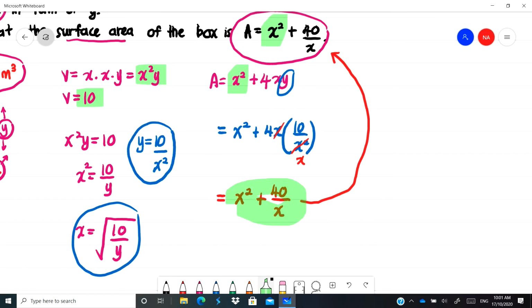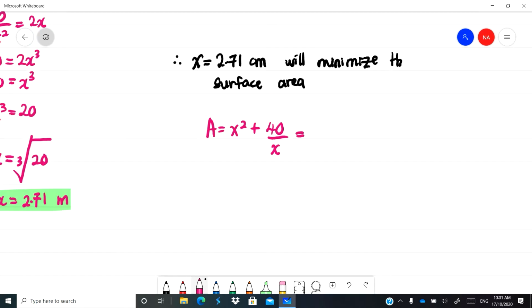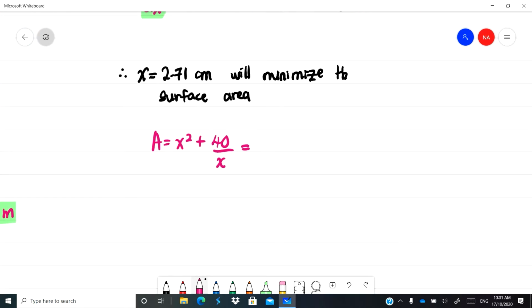The formula of area is given by x squared plus 40 over x. So substitute the value of x, which is 2.71, into this formula, we'll get the final answer, which is the minimum surface area. So we'll get 22.1 meter square.